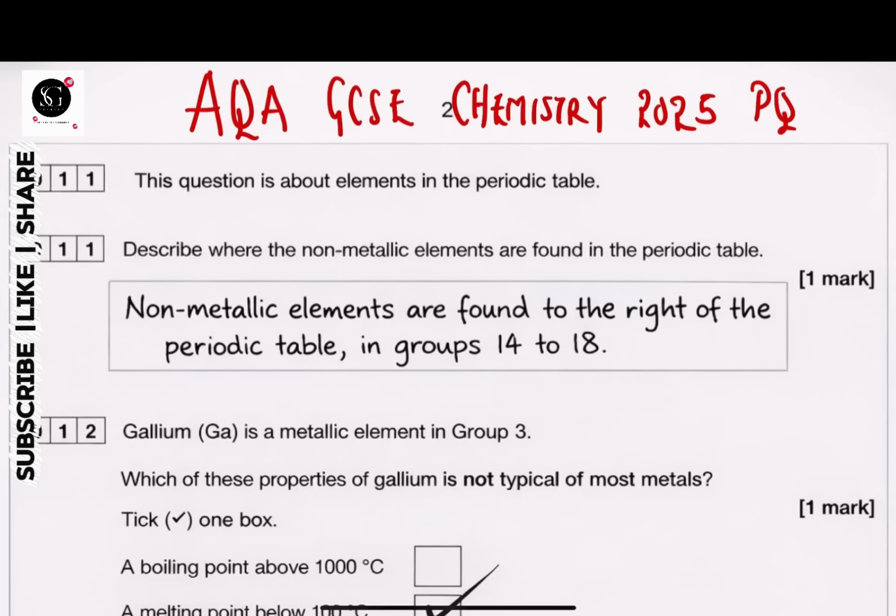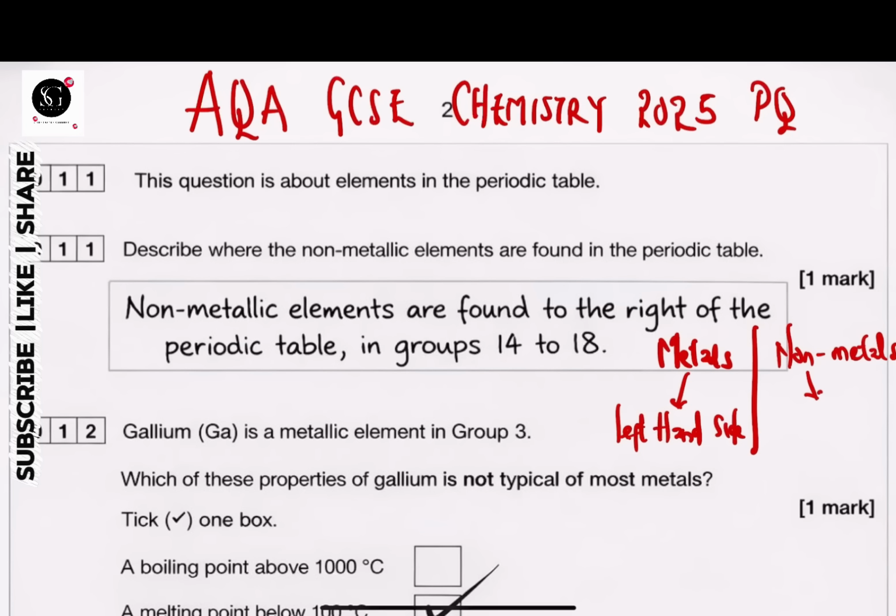Now, let me quickly explain this. In the periodic table, we have the metals and we have the non-metals. The metals are found on the left-hand side of the periodic table, while the non-metals are found on the right-hand side of the periodic table.